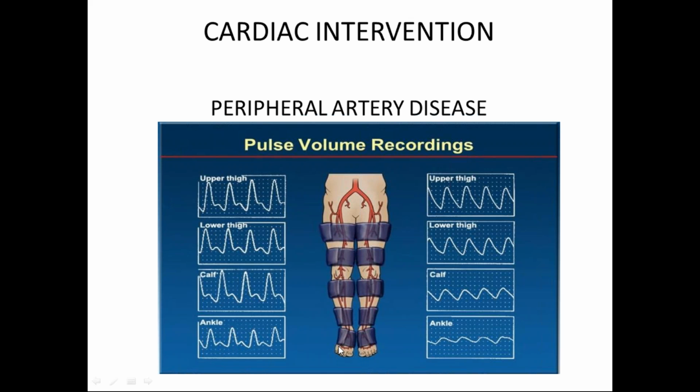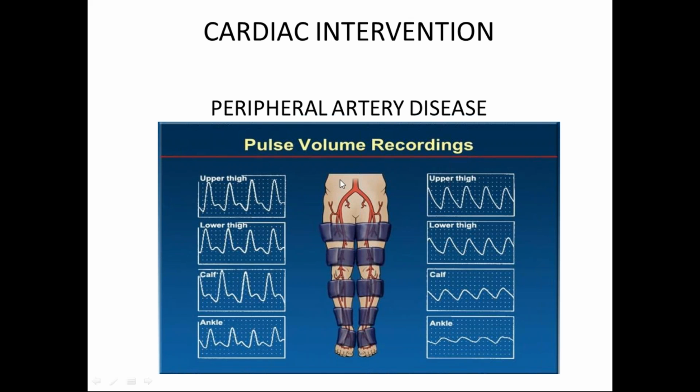For the ankle, the cuff is right there, and then you use your Doppler, usually the Doppler, to listen to the dorsalis pedis, sorry, the posterior tibial pressure. You listen, okay. Then the calf, sorry, this is the calf. Then the lower thigh, this is the lower thigh, and then the upper thigh.